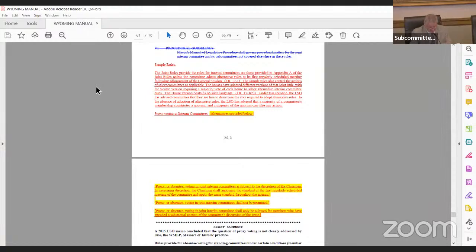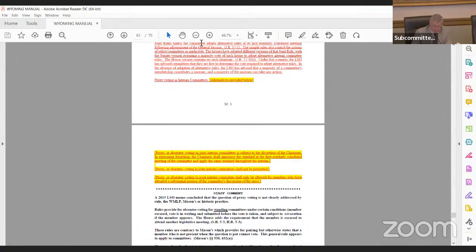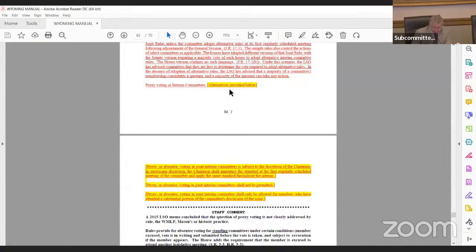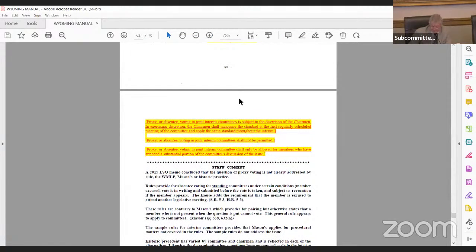The second issue for interim committee work is the issue of proxy voting or absentee voting. And here the manual leaves this committee or management council, whoever decides it at the end, 3 choices. Obviously these are just recommendations for the rules committee for each body to adopt.